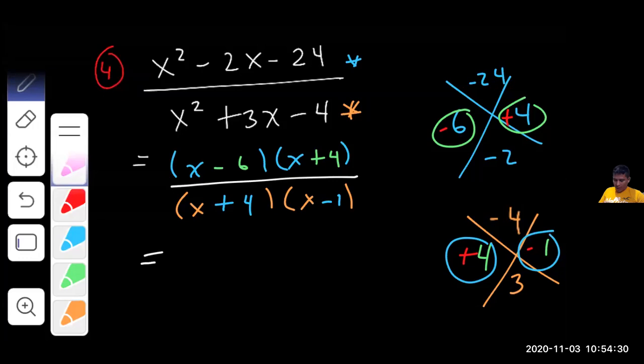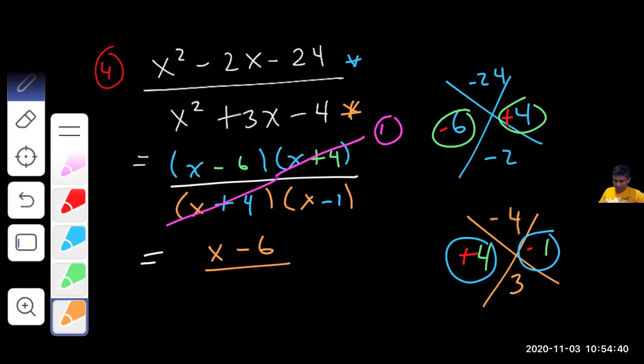X plus 4 over x plus 4 is just 1. I cancel that out. What I'm going to get at the end is just x minus 6 over x minus 1, right? This is my final answer.